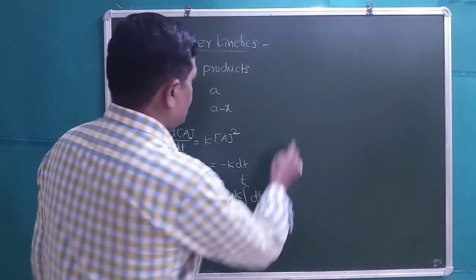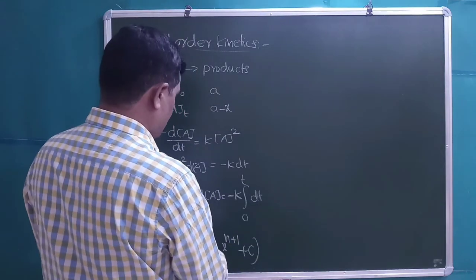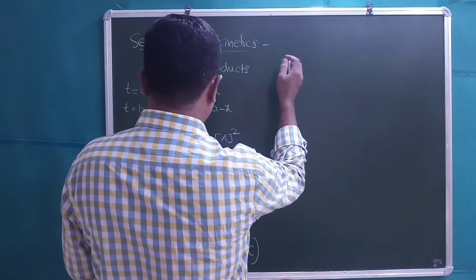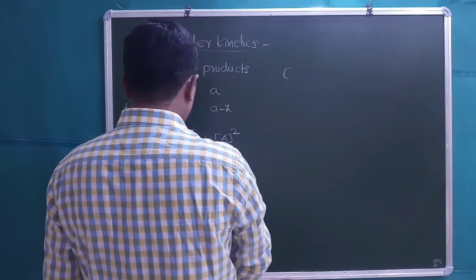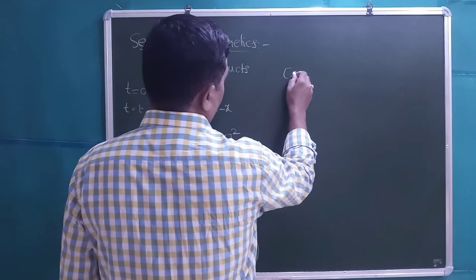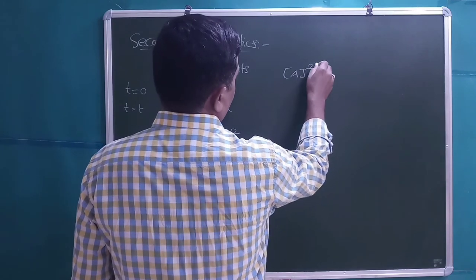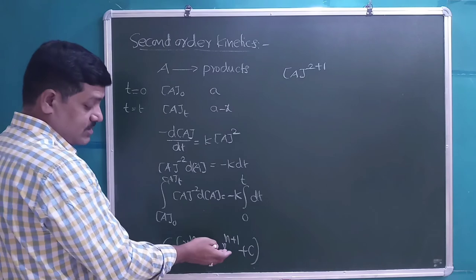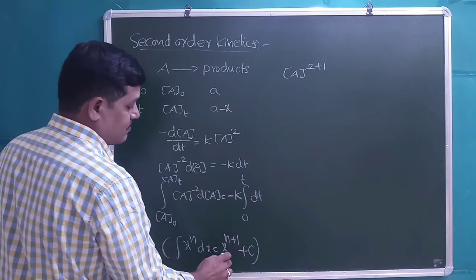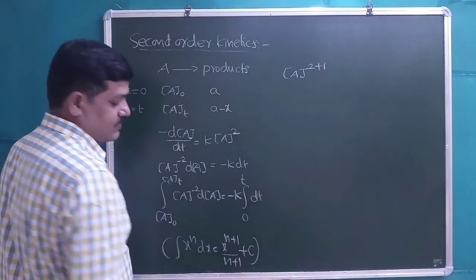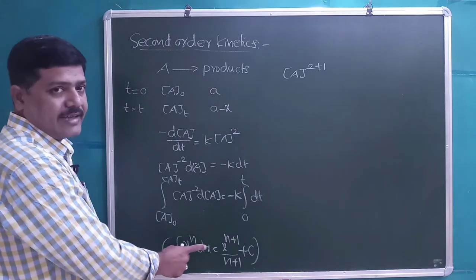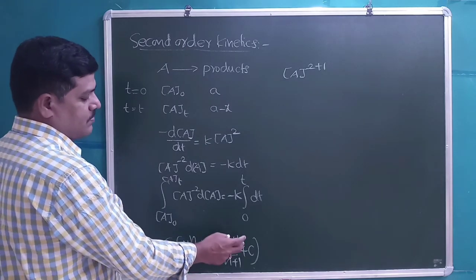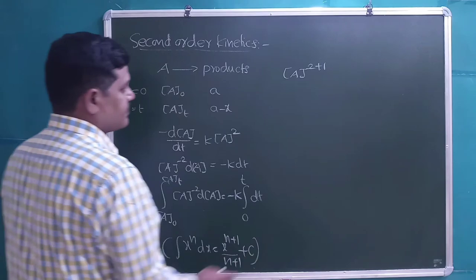When we use this formula to expand this, we get integral A power minus 2 dA as A power minus 2 plus 1. Sorry students, this is x power n plus 1 by n plus 1. Integral x power n dx is equal to x power n plus 1 by n plus 1 plus c, right?